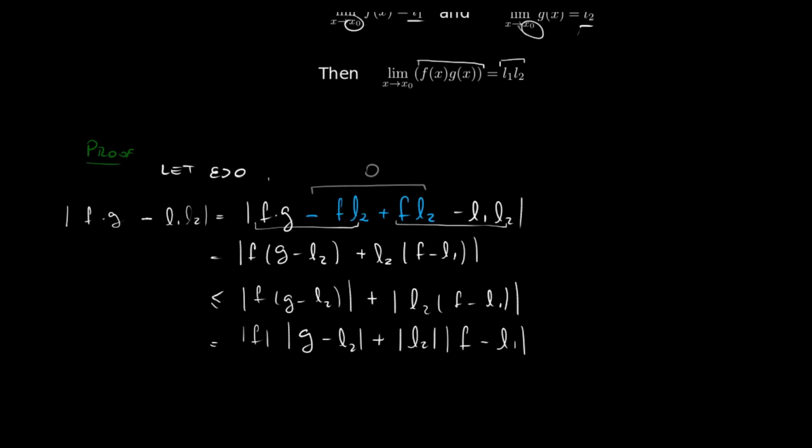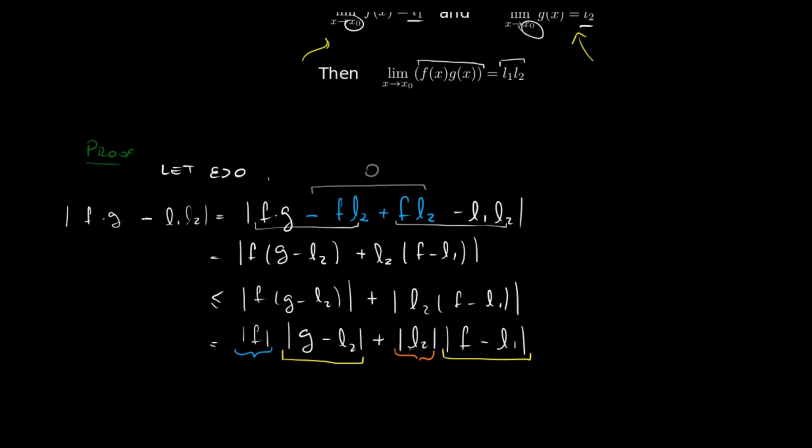So now we have a few things that can be made small. For g minus L2, we have the limit, so we can make this smaller than epsilon, and the same with f minus L1. But these two things are multiplied by an f, and by L2.